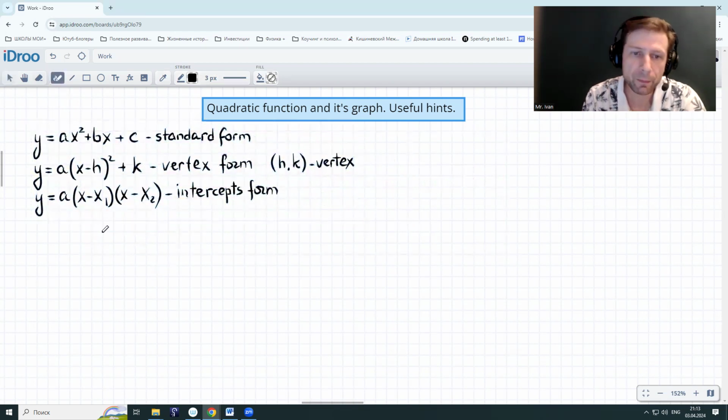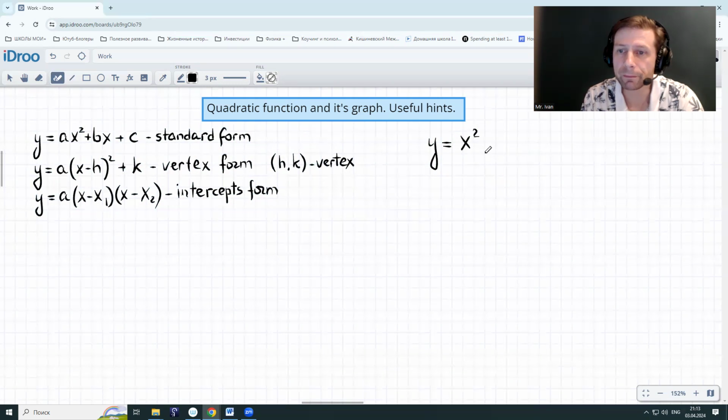So let's say y equals x squared minus 3x plus 4, okay?